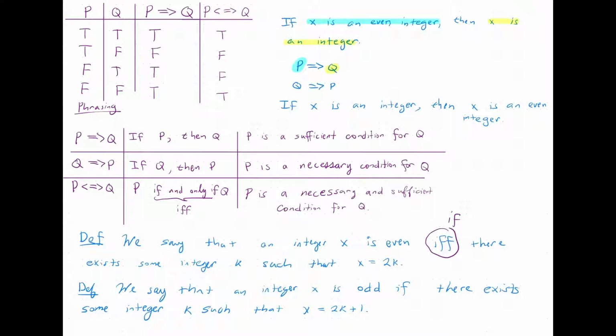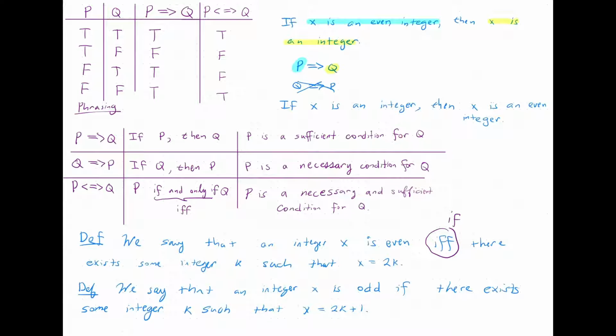And so now here we have that this is a false statement. And so the if-then is different than the if and only if. And so the if and only if is now when two propositions are equivalent to each other. And so in other words, we have necessary and sufficient conditions for P and Q.